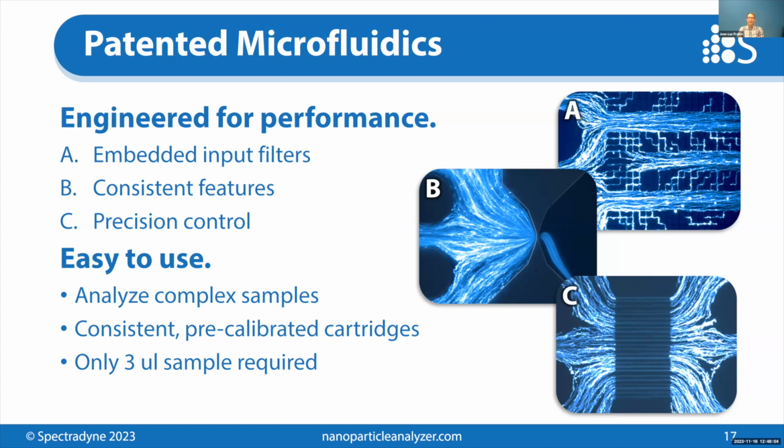Any larger particles than the constriction get caught in this filter and don't reach the constriction. So that allows our users to run very complex samples like plasma to do real life PK, PD studies of nanomedicines directly in the plasma, tissue culture media, cerebral spinal fluid, just straight on the cartridge. Okay.